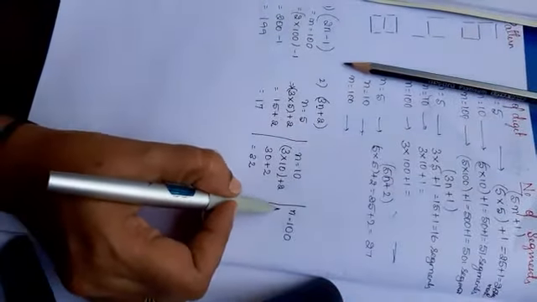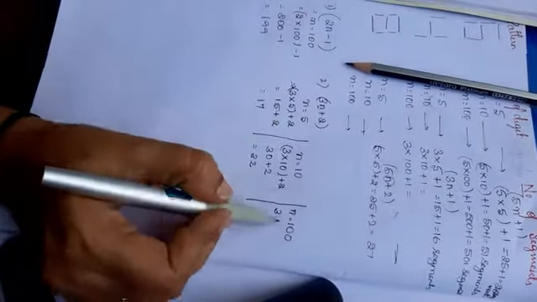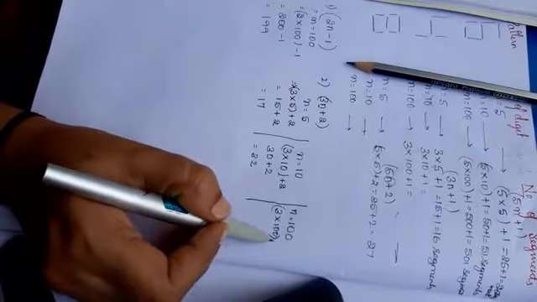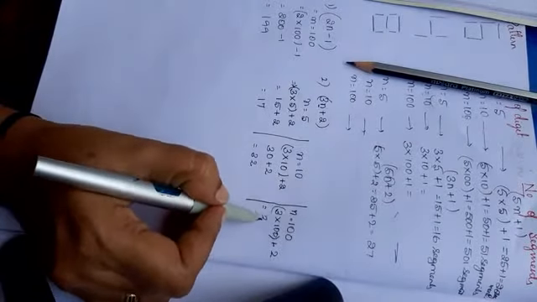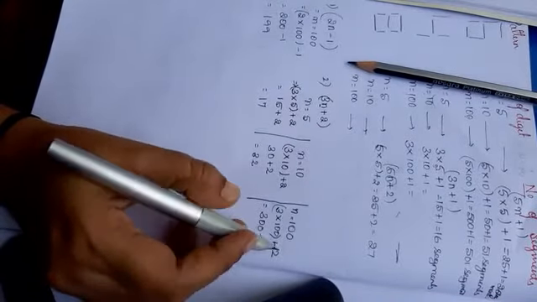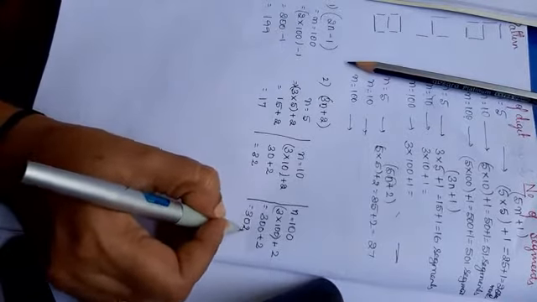Next, when n equals 100. So 3 into n means 100, plus 2. 3 into 100 is 300, plus 2. So 302. Okay. After finding, you will fill it here.